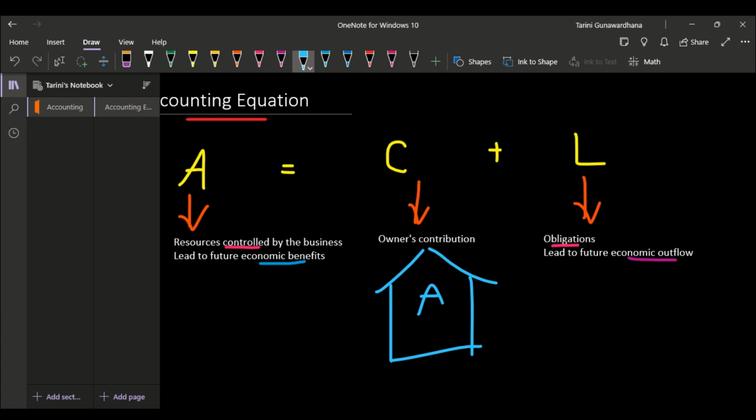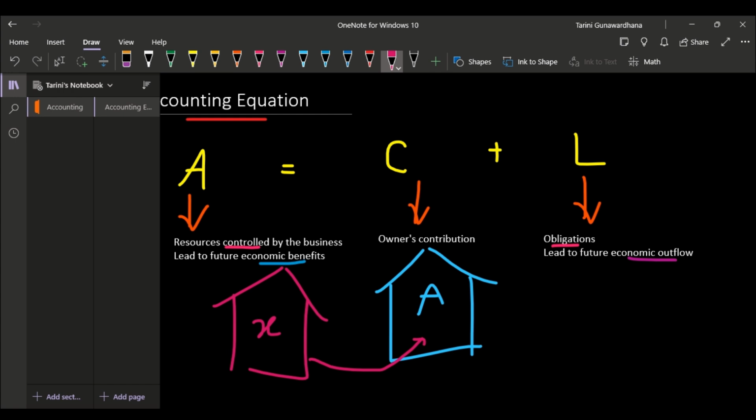I have to get cocoa from another supplier, let's say supplier X. I buy cocoa from supplier X, but I won't pay right at that moment. I would say, okay, I will buy the cocoa right now, but I will pay within the next month.